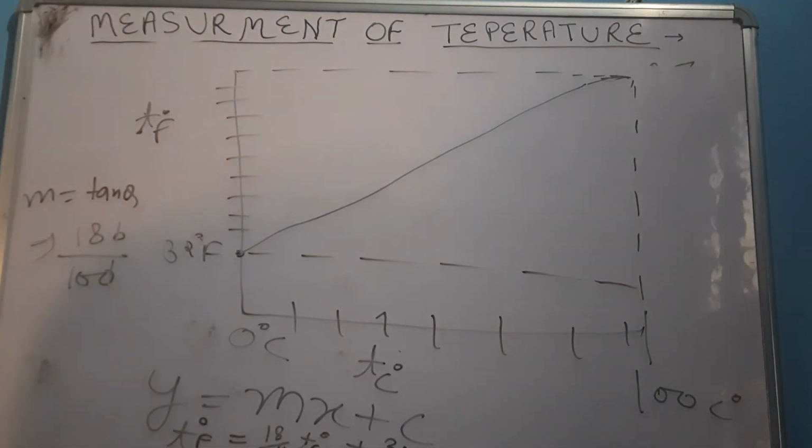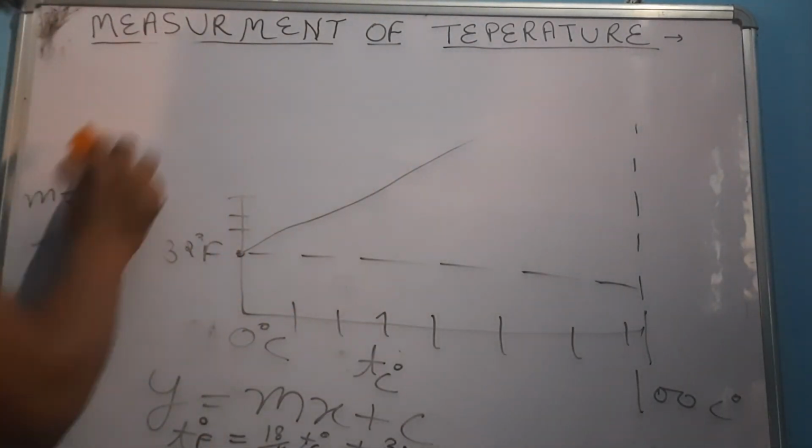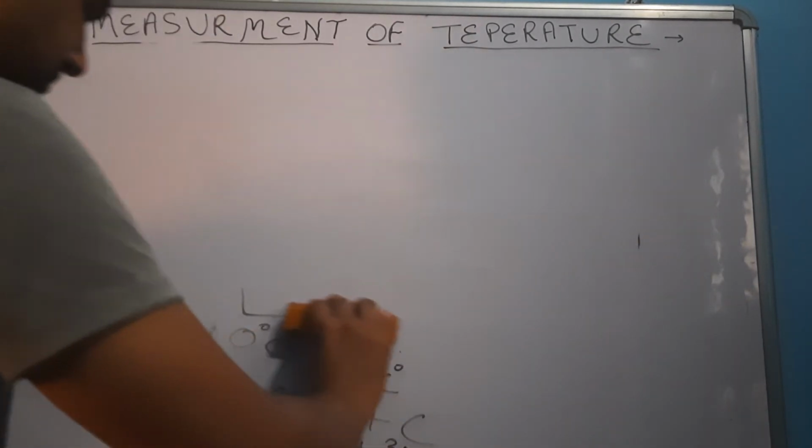So we are done with the prerequisite details, and we will try to find out the relation between the Celsius and Fahrenheit scales.